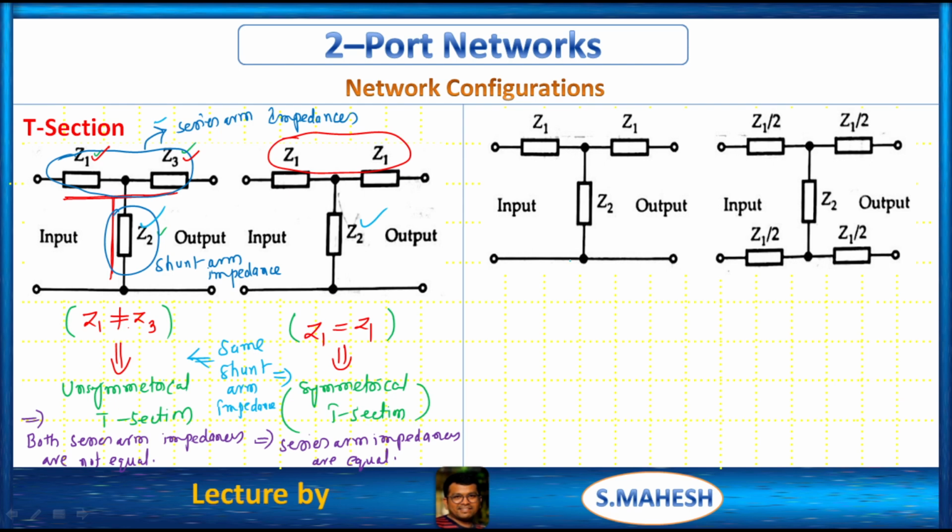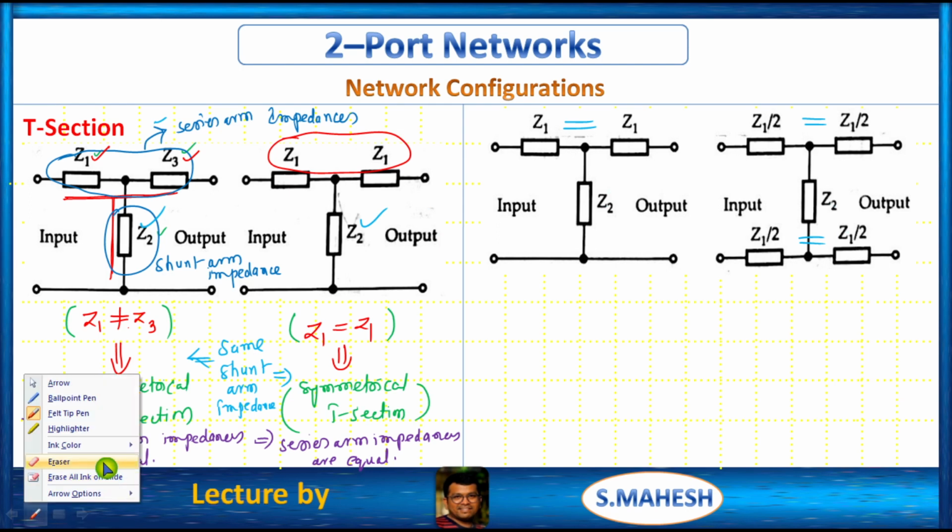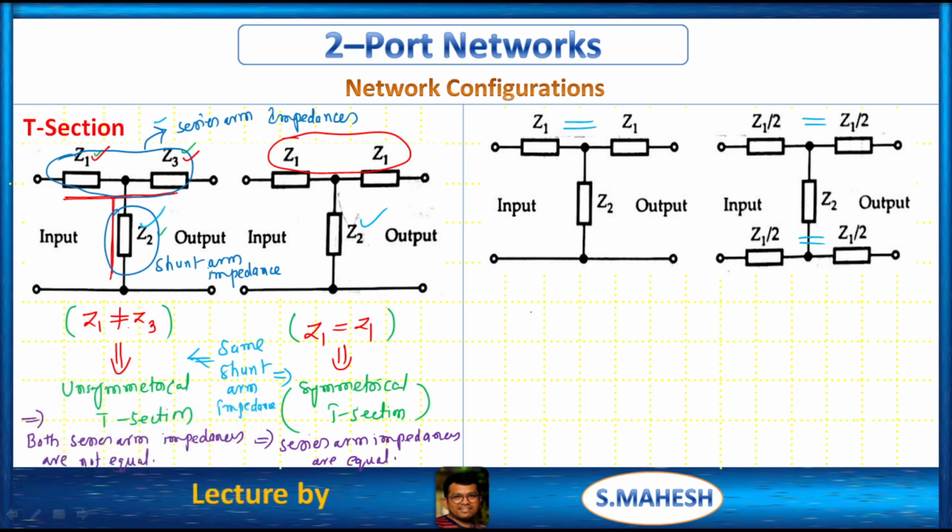So coming to this side, see, here Z1 is equal to Z1, Z1 by 2 is equal to Z1 by 2, both are equal. Shunt arm impedance is Z2, shunt arm impedance is Z2, but here we have Z1 by 2, Z1 by 2. This is unbalanced symmetrical T section.